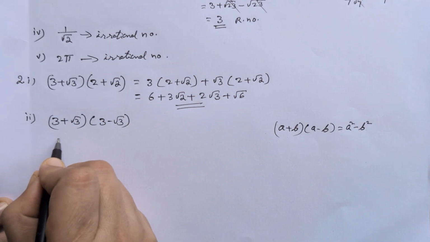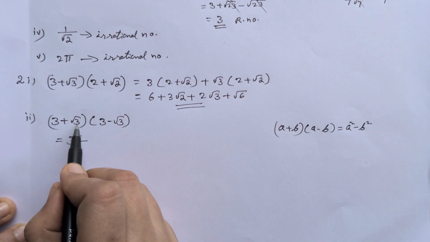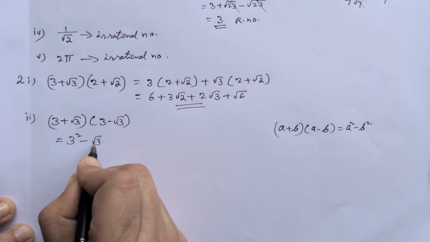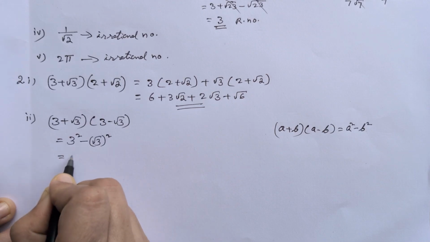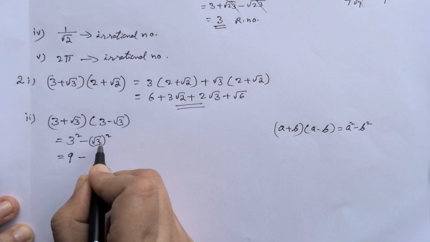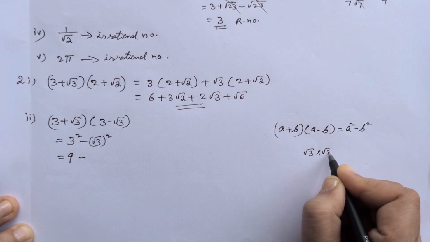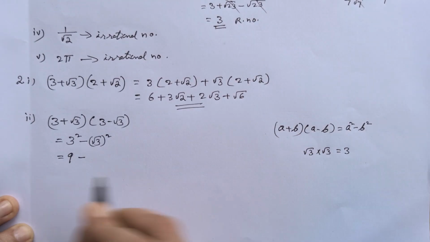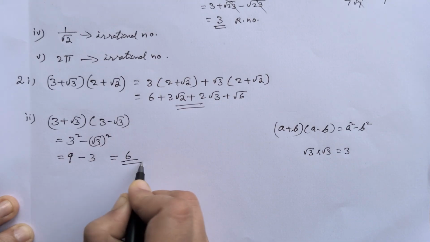So straight away we can write first term 3, 3 square minus second term root 3 square. 3 square means 9 minus root 3 square, root 3 into root 3, it will become 3. So root 3 square is 3. So 9 minus 3, 6 is the answer.